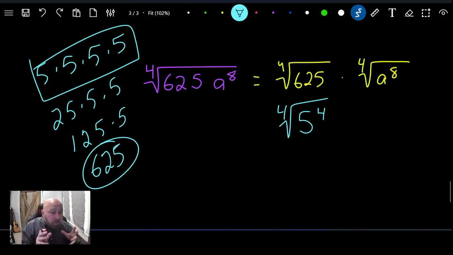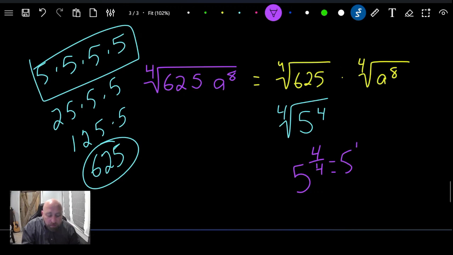But if you can wrap your mind around it, this can be very easy for you. Now, let's convert it into a fractional exponent. So 5 to the 4 over 4. When we reduce 4 over 4, we get 5 to the first power, which is just 5.